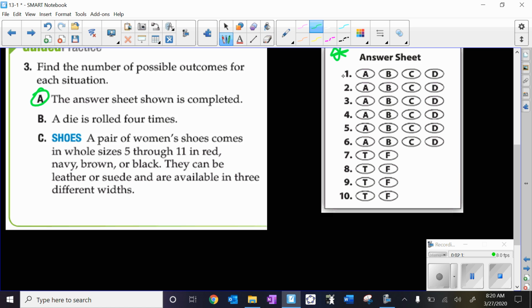Well, I look at question one. Question one has four possibilities. So I'm going to say 4 for the first one, times, again, the second one has 4 options, so times another 4. Third question, 4 outcomes, so times another 4. My pen stopped working, give me a sec.